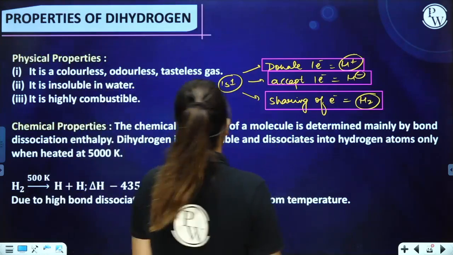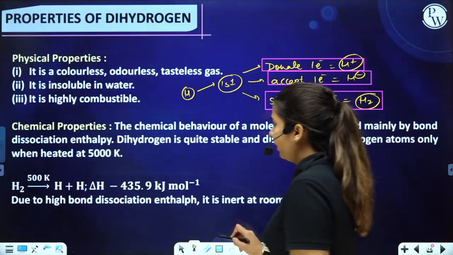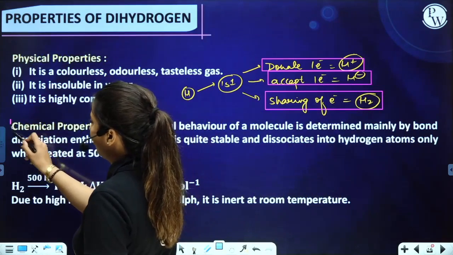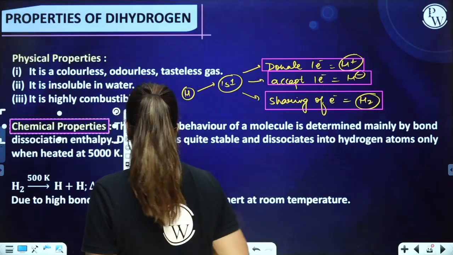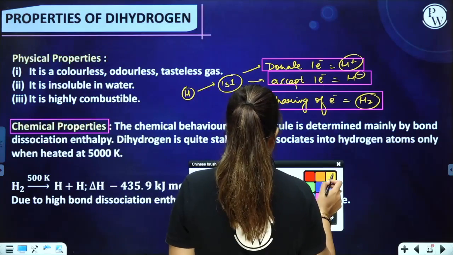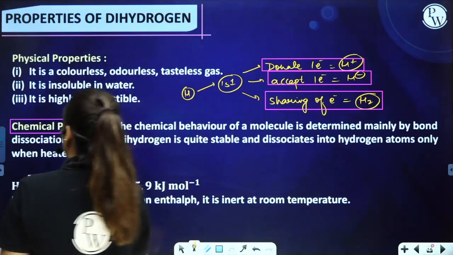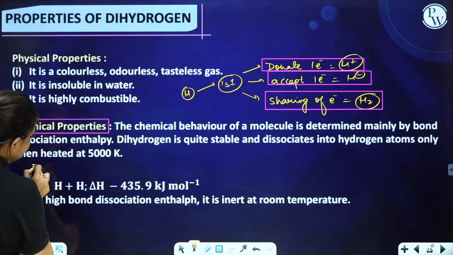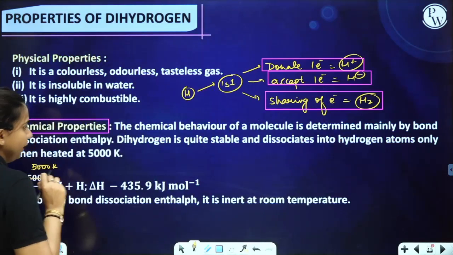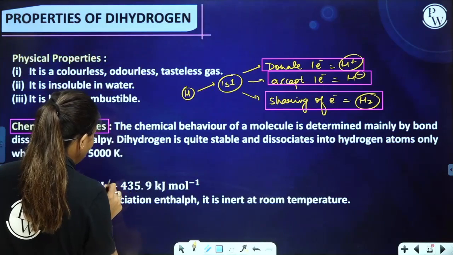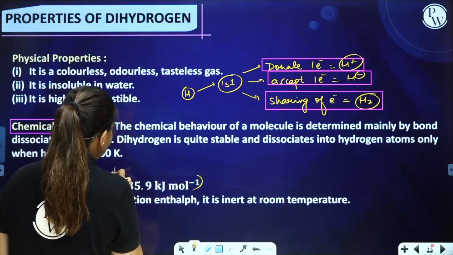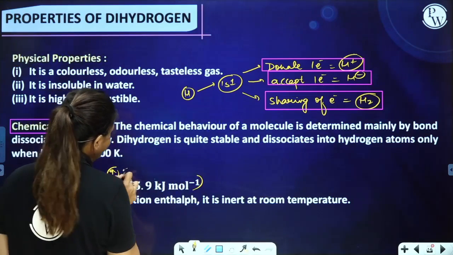Now, since we are talking about the chemical properties, first of all you need to know that whenever hydrogen gas is heated at 5000 Kelvin of temperature, this reaction is highly endothermic.